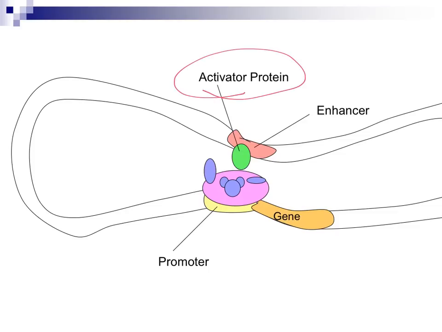Therefore, activator proteins at the enhancer, which is shown in green here, binding to the enhancer, are now close in distance to the transcription factors at the regulatory promoter and can therefore influence gene transcription. Now, since this is called an enhancer, activator proteins bind to it, and this increases gene transcription.